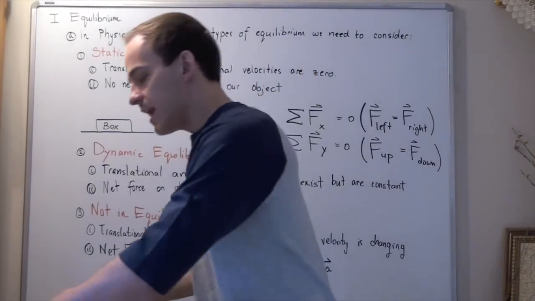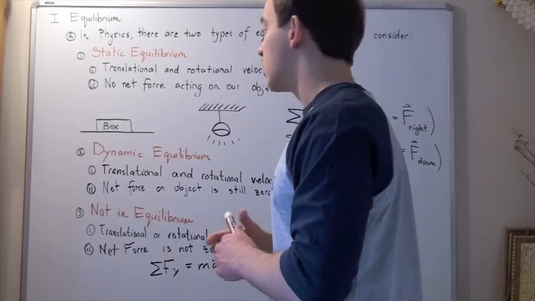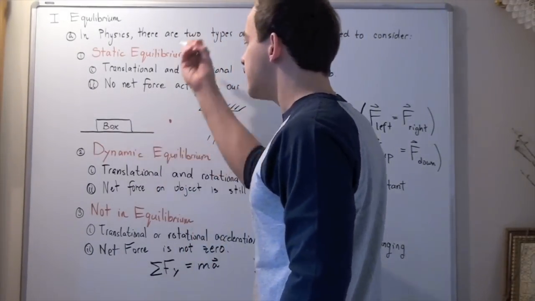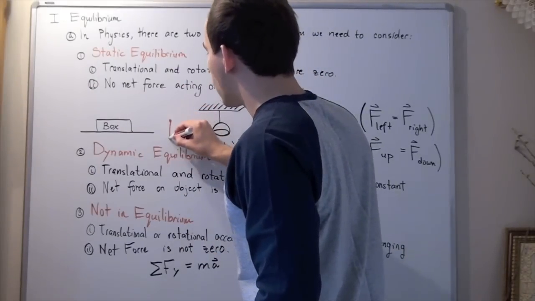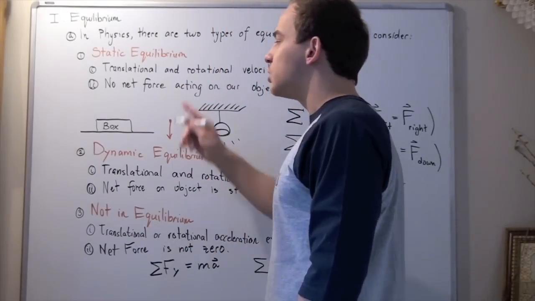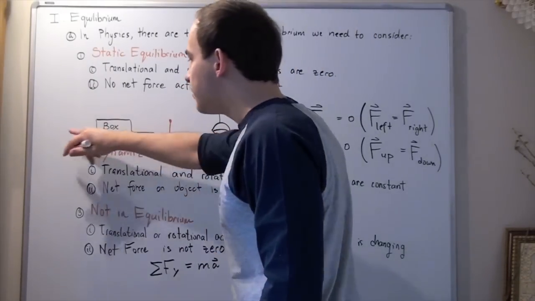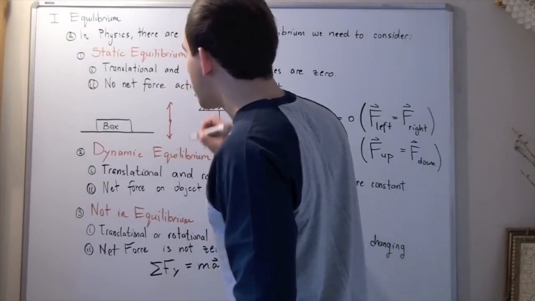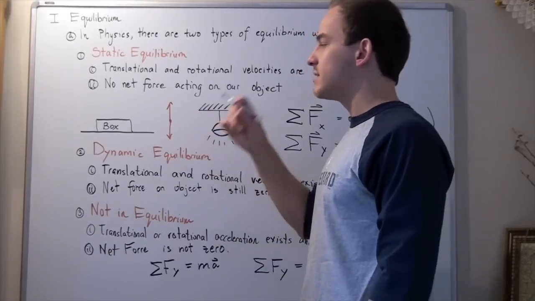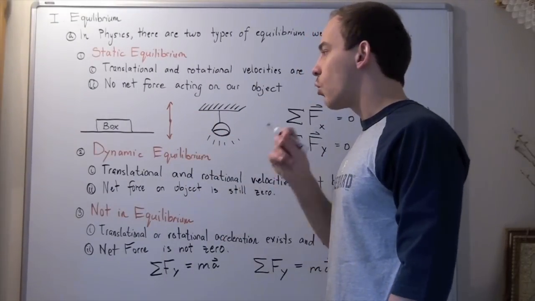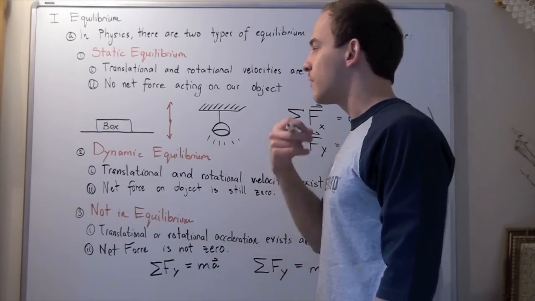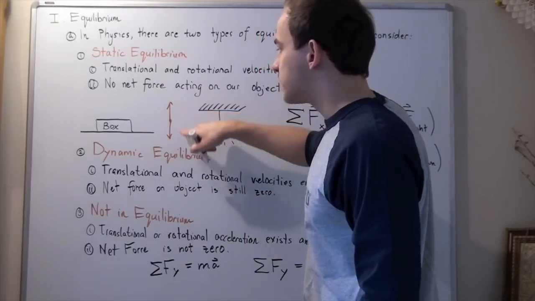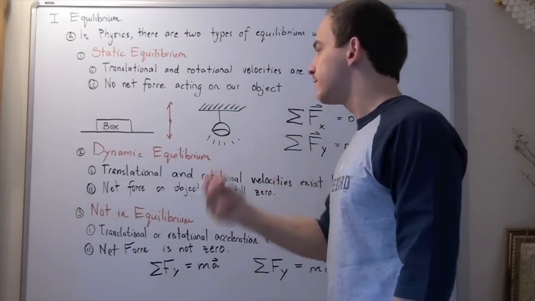For example, if I draw my forces along the y-axis, the force of gravity is pulling on our object downward. Likewise, the normal force that the table or the surface exerts on our box points directly upward. The sum of these two forces is exactly equal, because according to the third law of motion and the first law of motion, if this object is not accelerating, then these two forces must have the same magnitude but different directions.